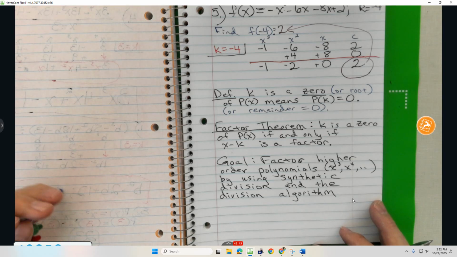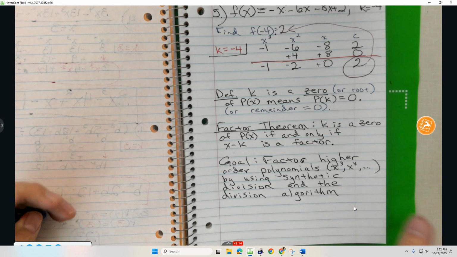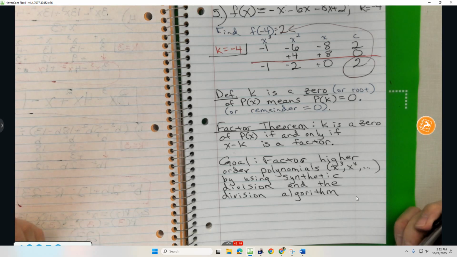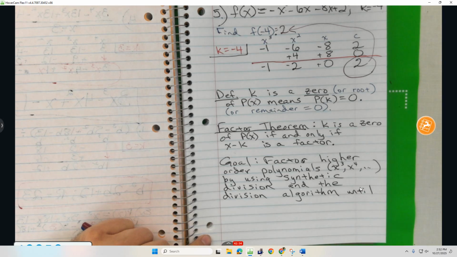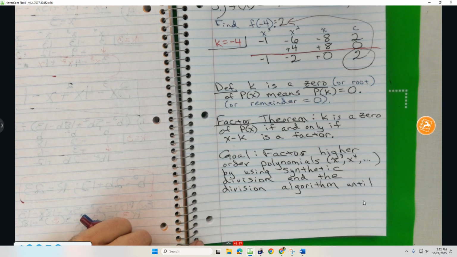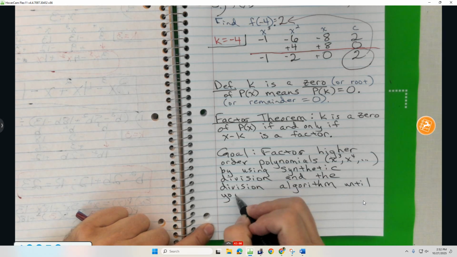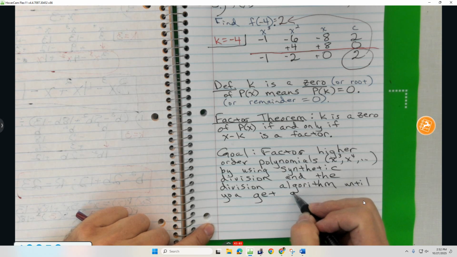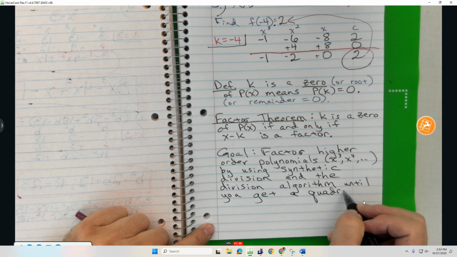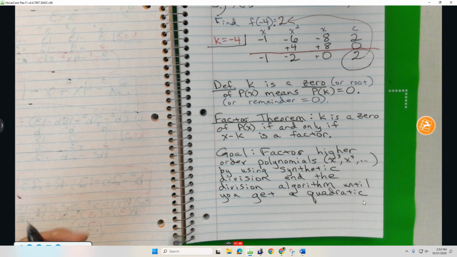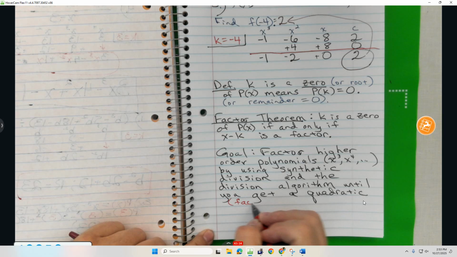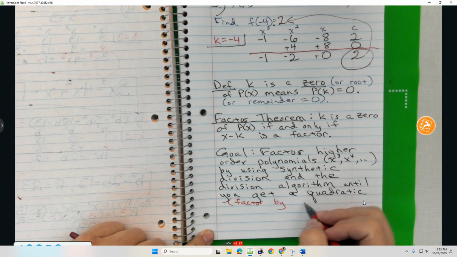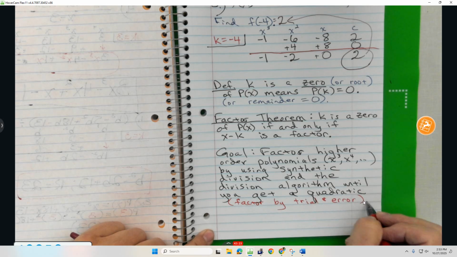You're going to break down the polynomial using synthetic division and the division algorithm until you get something that you can factor by trial and error. So use synthetic division and the division algorithm until you get a quadratic, which you can factor with trial and error. The quadratic, you'll be able to factor that by trial and error, the way we were doing the second week of the semester.